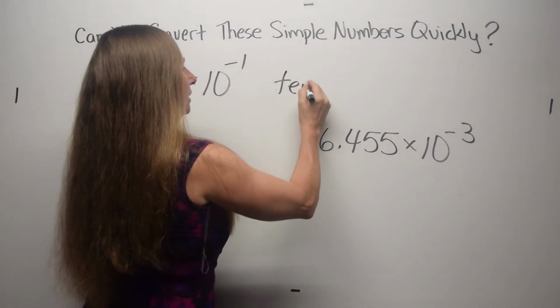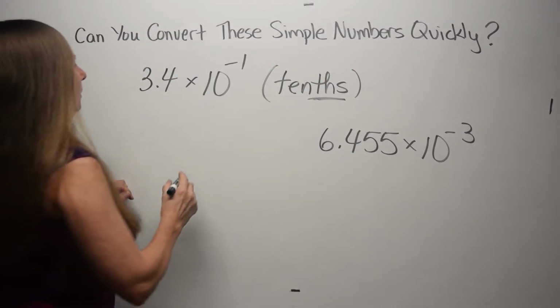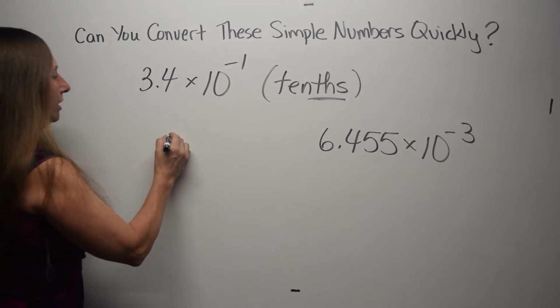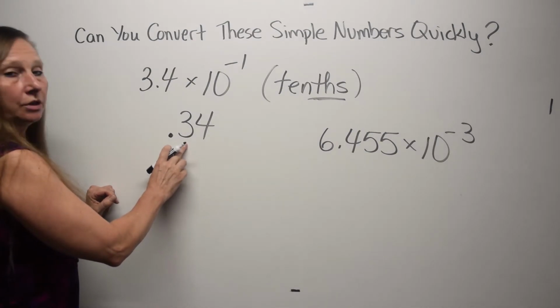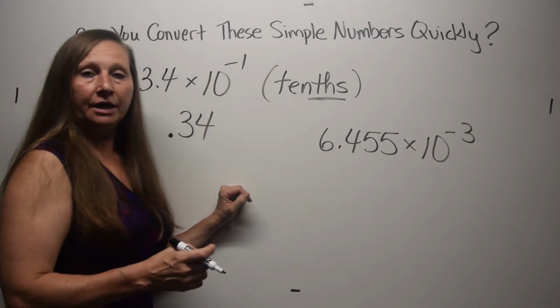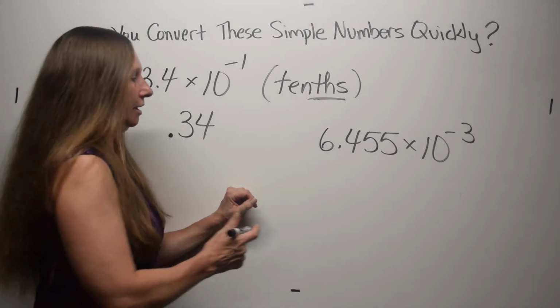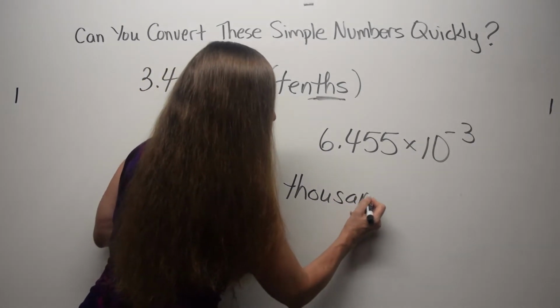Remember, it's with a th at the end, the tenths place. All right, so this is going to be 0.34. All right, the biggest number is to the tenths place. And this, 10 to the negative 3, is the thousandths. Thousandths. There's a th at the end.